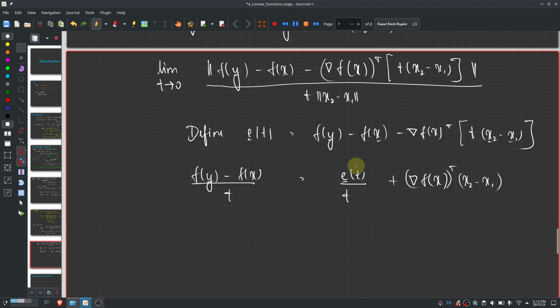In fact, the norm of e of t by t tends to 0 as t tends to 0. Correct? You agree with me?